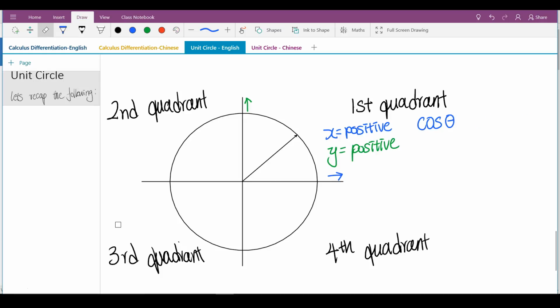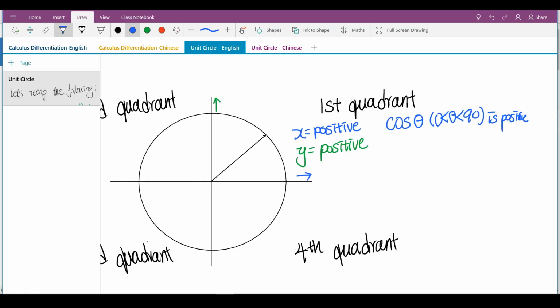I'll write it down somewhere. 0 is less than theta is less than 90. It's positive. And same as the sine. Given that theta is less than 90 and bigger than 0, it is positive. So sine of any angle between 90 and 0 is positive.